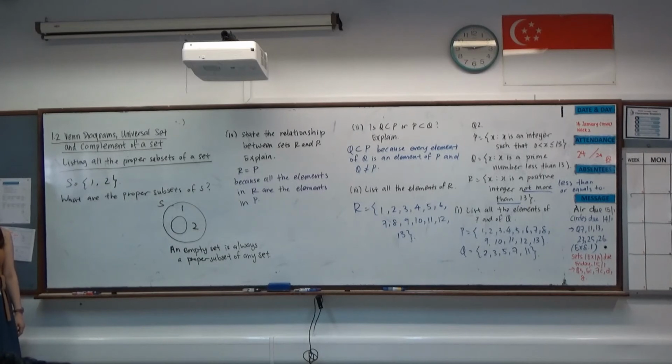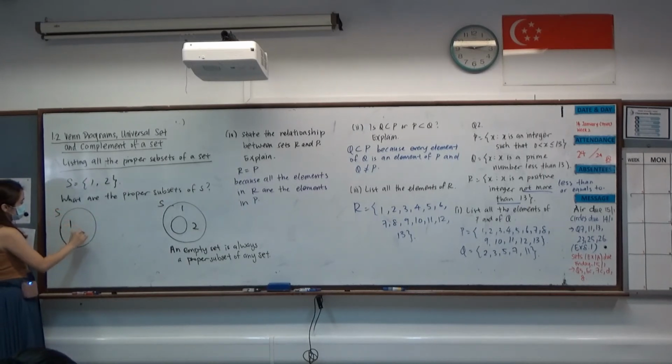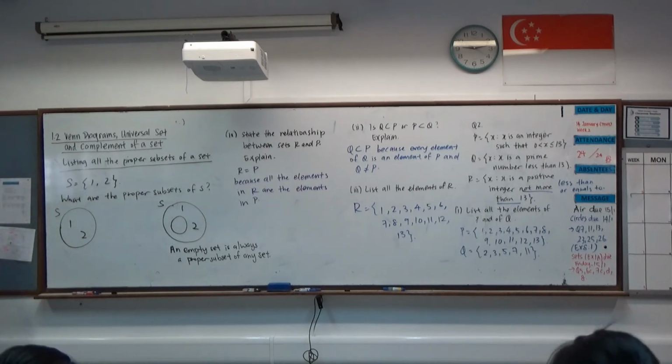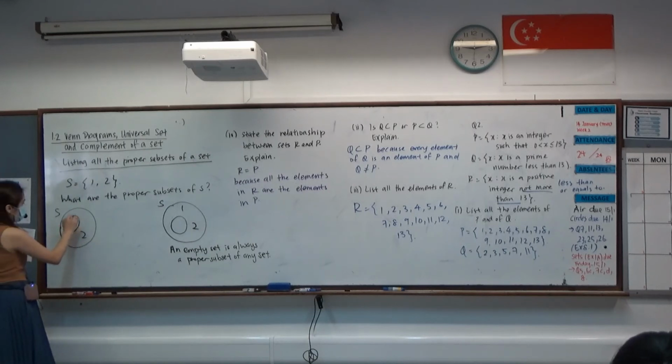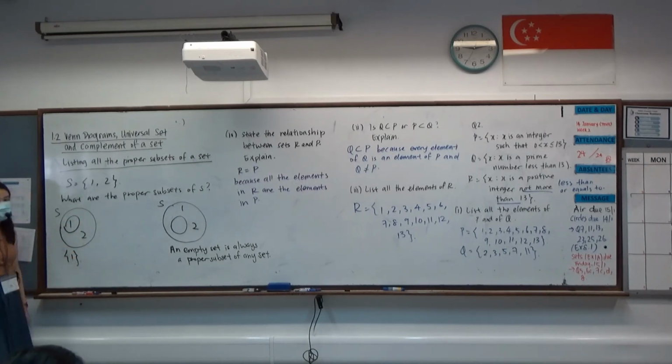Okay, so we have that. What other proper subsets can we have? If I have S, 1, 2, how else can we draw this Venn diagram or divide the elements? Amanda? Circle the 1. Okay, so we can have a proper subset containing just 1 itself.